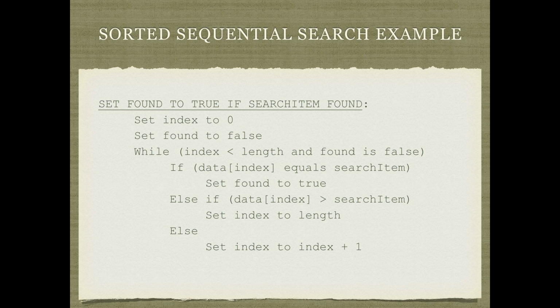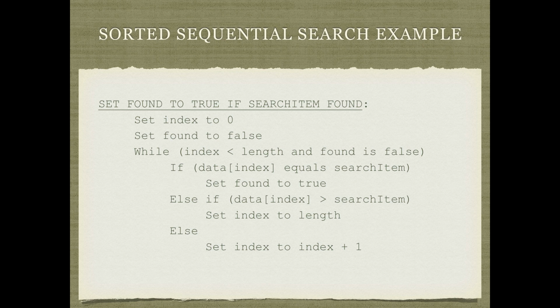But if none of those are true, then we will increment the value of index and the loop will continue with the next value in the array. So very similar to the original sequential algorithm, but now with this extra little bit of logic, assuming that the array is sorted.